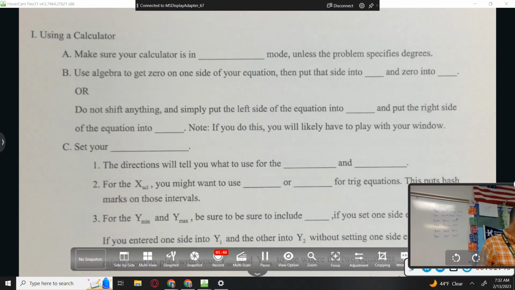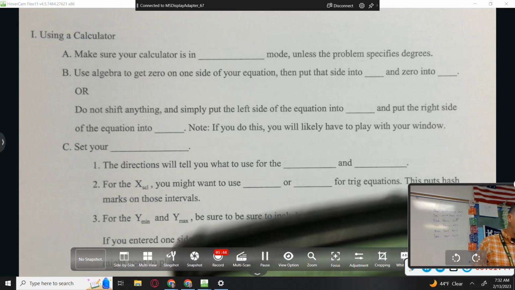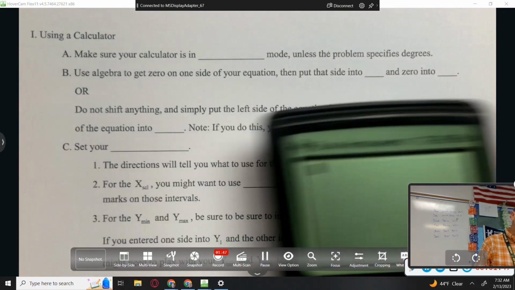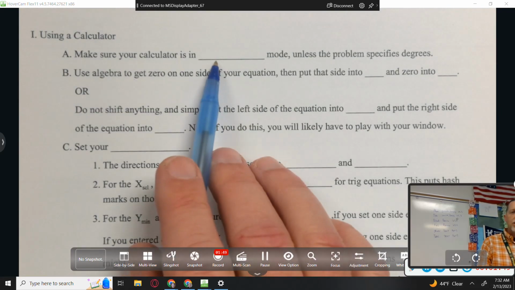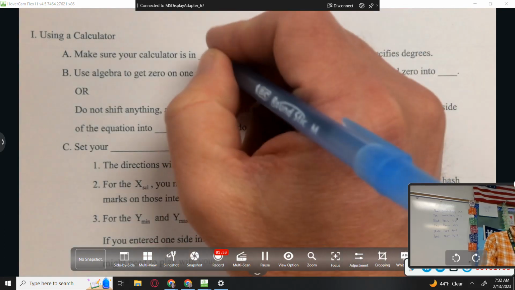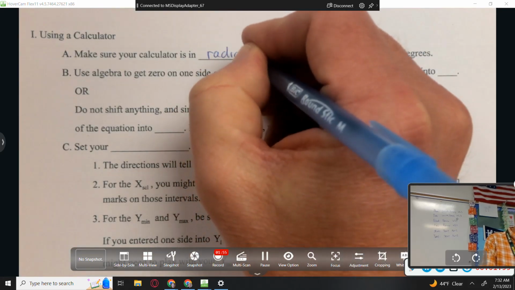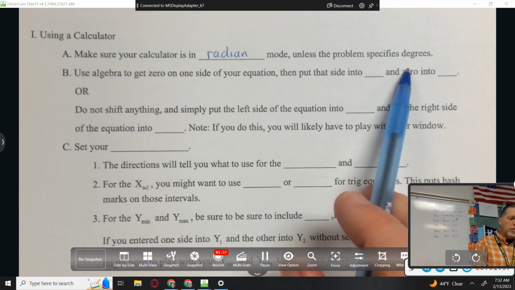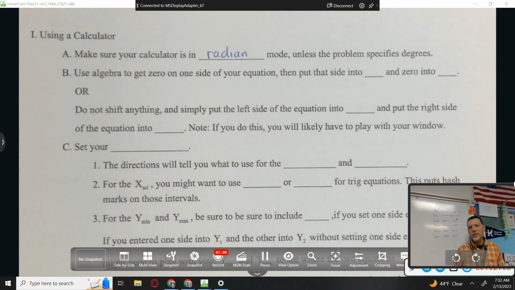Okay, so grab a calculator and let's walk through some things together to make sure we're good here. Make sure your calculator is in... you want to guess what goes in that blank? Radian. Make sure your calculator is in radian mode, unless the problem specifies degrees, but the problem is almost never going to specify degrees in math.